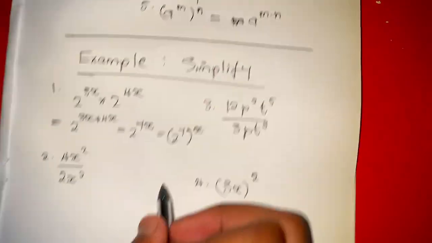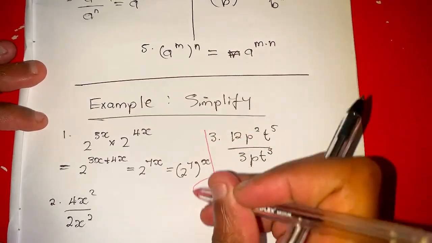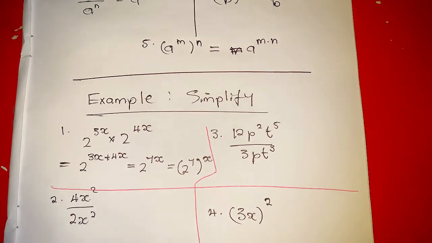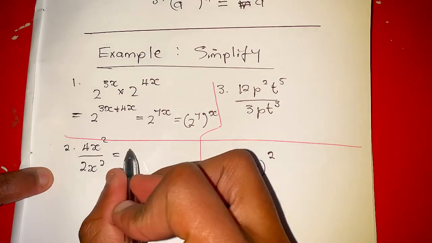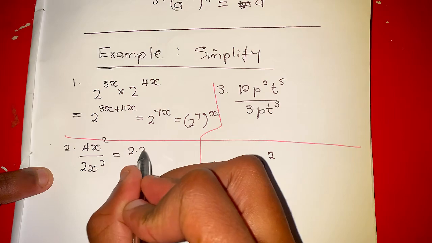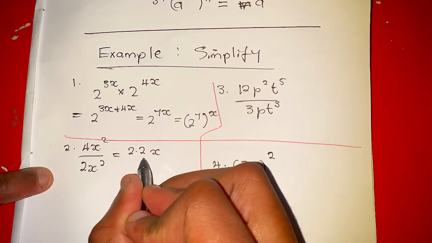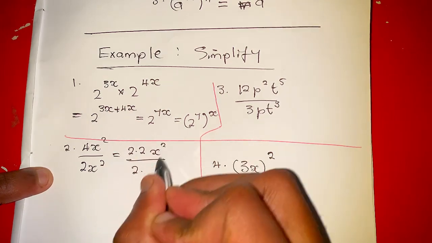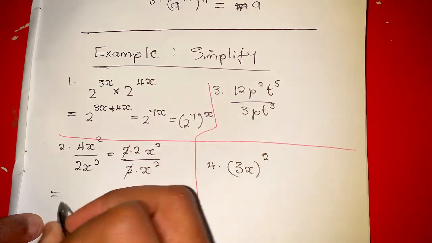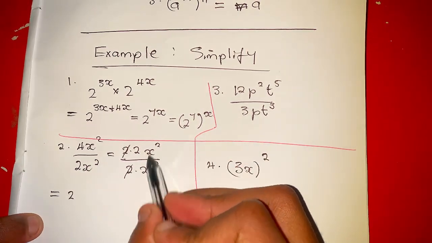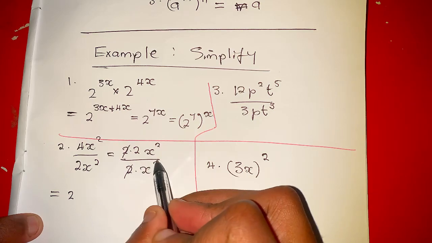Another example, example 2. Example 2, you see that you have 4, which is written as 2 times 2, x over 2 times x squared. So this 2 will cancel this one, and you'll be left with 2. Now remember, when the bases are the same and you're dividing, you will subtract the exponents.